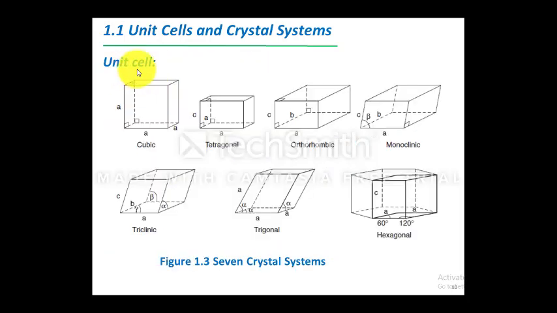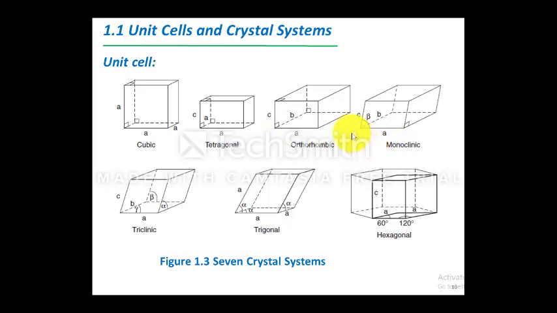Here is the unit cell of the cubic system, then tetragonal, orthorhombic, monoclinic, triclinic, trigonal, and hexagonal. You can see in cubic all of the lengths are equal, so all of the lengths are represented by A. In tetragonal, two lengths are equal, they are represented by A, and the third one is represented by C. In orthorhombic, all of the lengths are unequal.